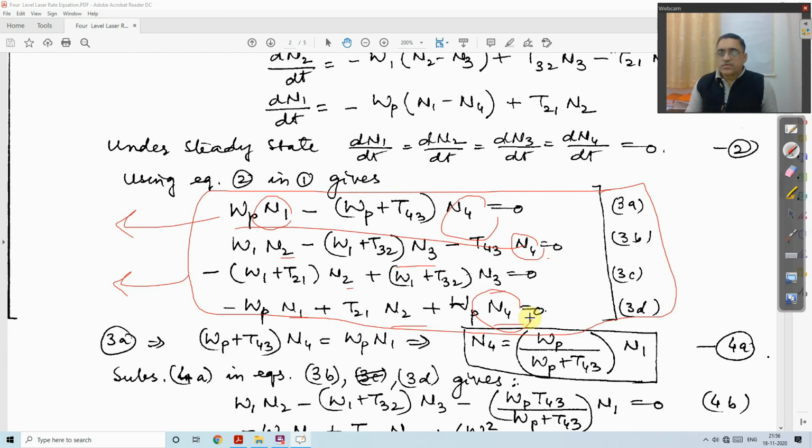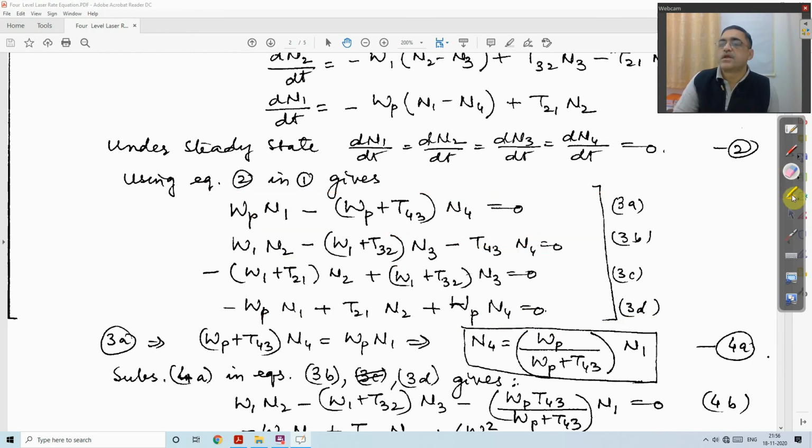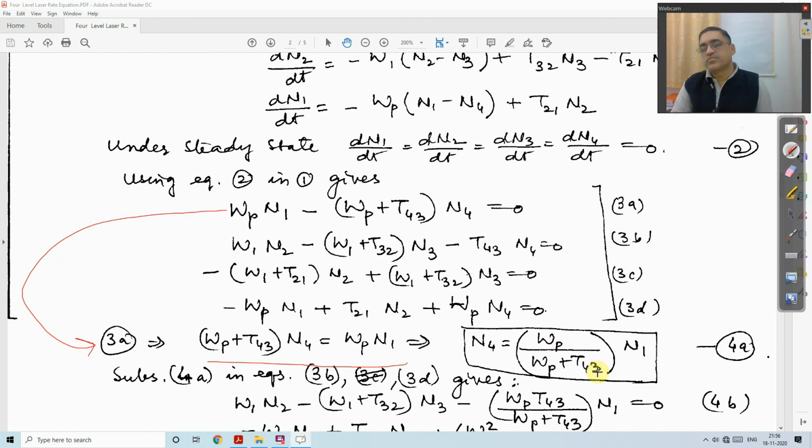Now we make it on paper and realize it. You see, using this first equation, putting it equal to 0, N4 times (Wp plus T43) equals WpN1. So this gives N4 equal to Wp by (Wp plus T43) into N1.